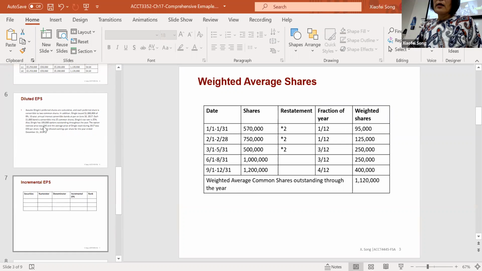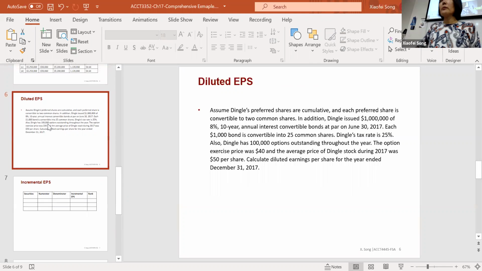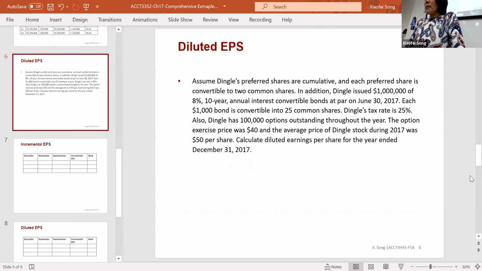Okay, so let's move on to the diluted earnings per share. Assume Dingo's preferred shares are cumulative, because we did so many different situations, and so we have to pick one.